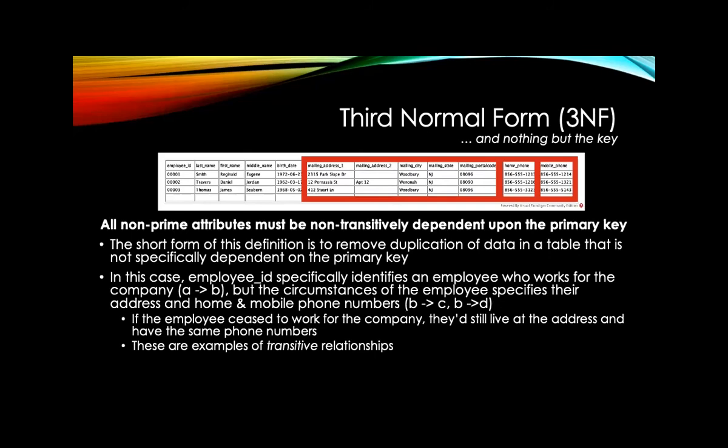Third normal form, the last part: the key, the whole key, and nothing but the key. So to where you were just going with that, we've got the remainder of our problematic data here: mailing addresses, home phones, and mobile phone numbers. What have we already talked about?